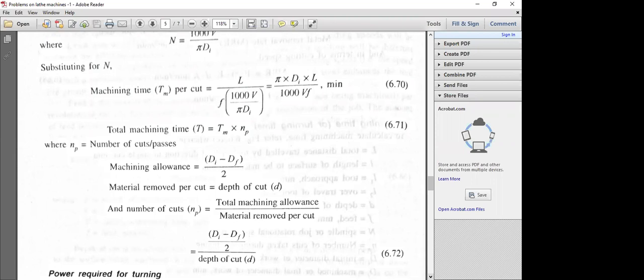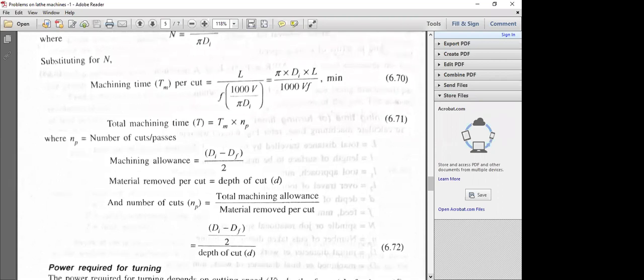So all these are very important things you have to see. The total machining time is Tm into Np. Tm is pi di into L by 1000 V F, into Np. What is Np? di minus df by 2, by small d. Small d is the depth of cut.